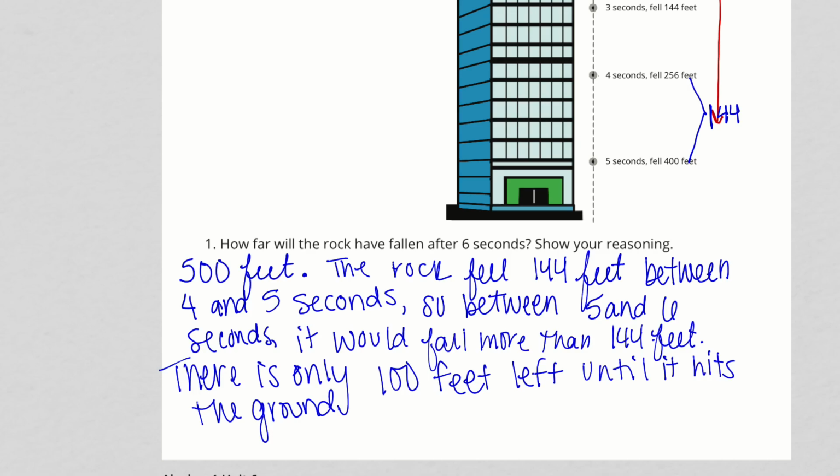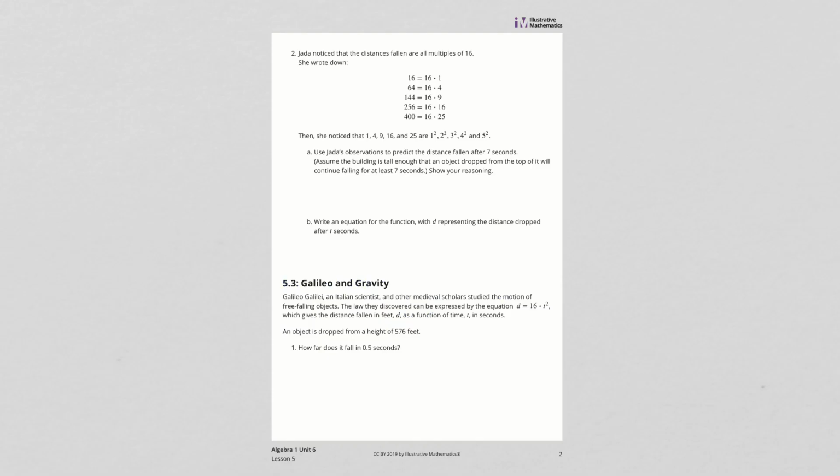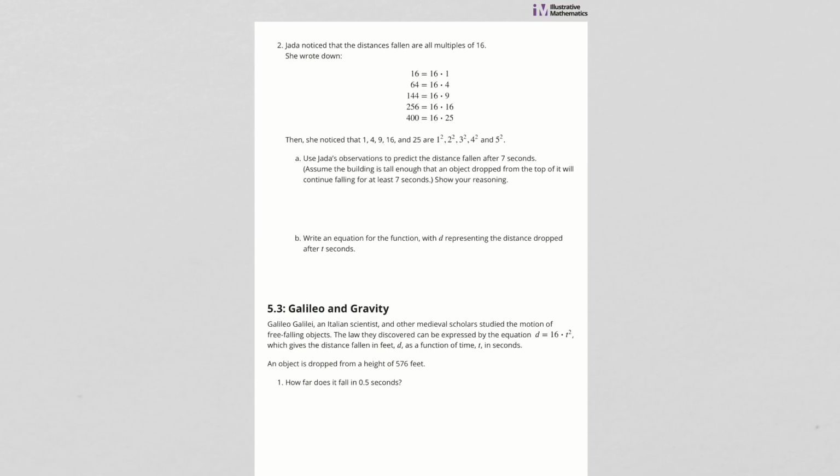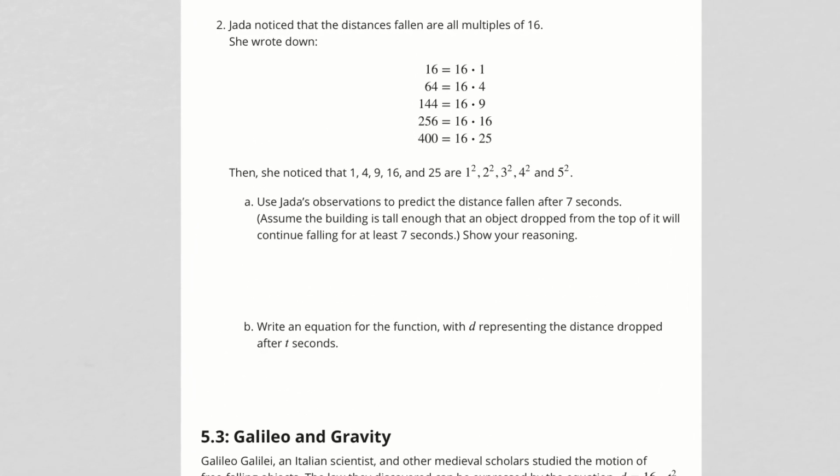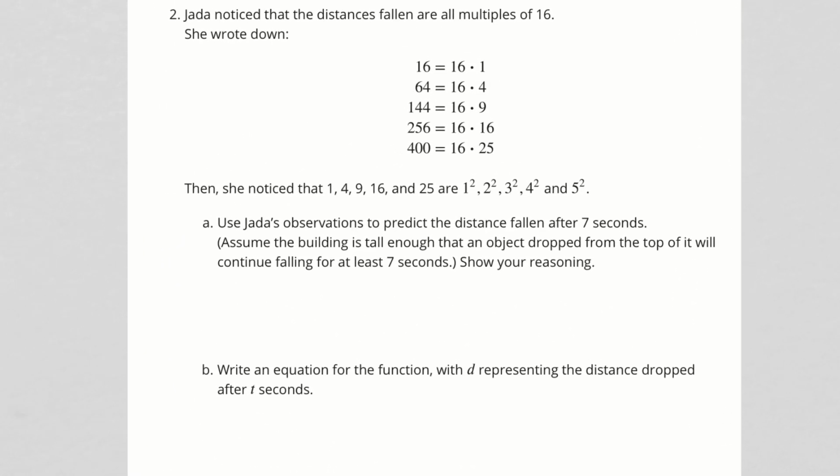All right, page 2. Jada noted that the distances fallen are all multiples of 16. She wrote down 16 times 1 equals 16, 16 times 4 equals 64, 16 times 9 equals 144, 16 times 16 equals 256, and 16 times 25 is 400.